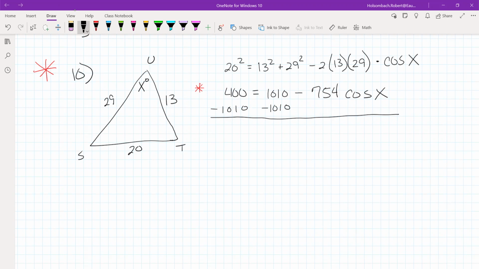Negative 610 is equal to, do not forget this minus sign. This negative 610 is equal to negative 754 cosine X. We're going to divide both sides now by negative 754.